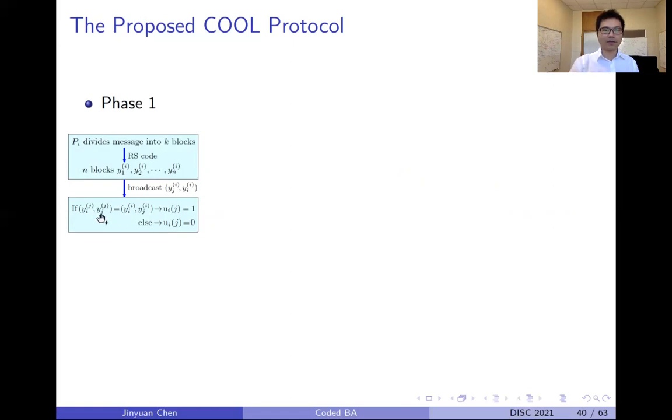Then, based on the received observations and its own observations, processor i will set the link indicator, and then set the success indicator by checking this condition.